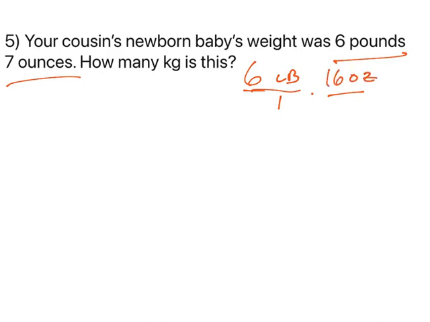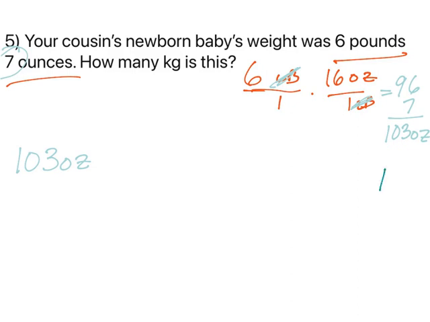So 16 ounces is 1 pound. So that makes my pounds cancel out. When I multiply 6 times 16, I get 96 ounces plus the extra 7. So this baby weighs 103 ounces.